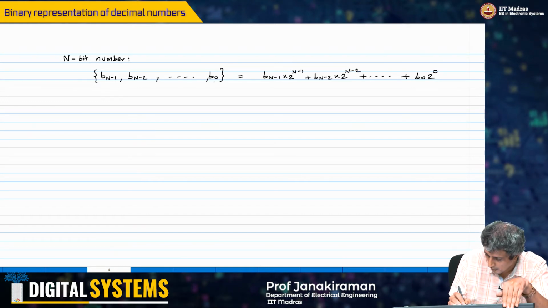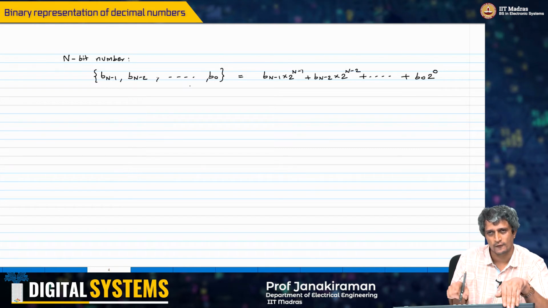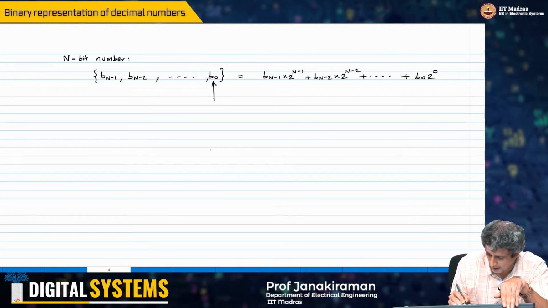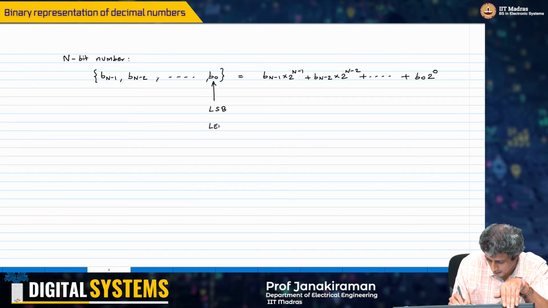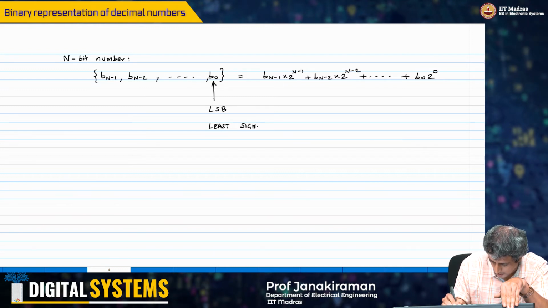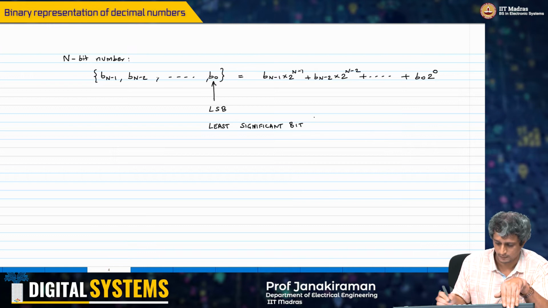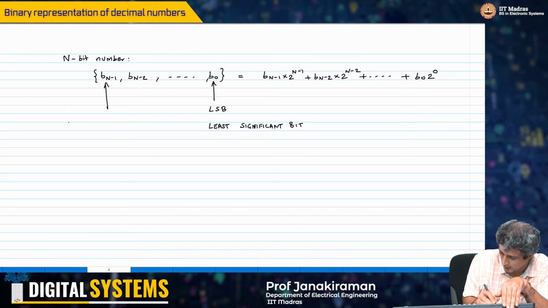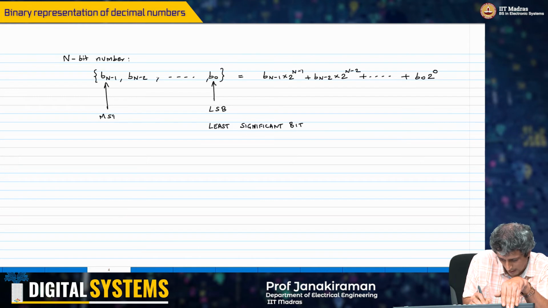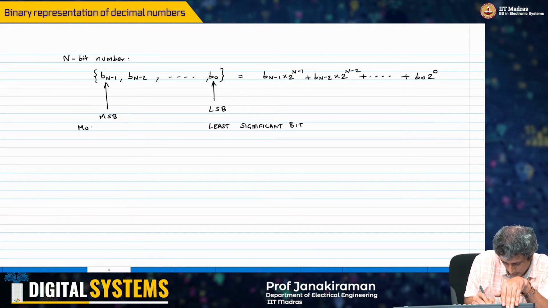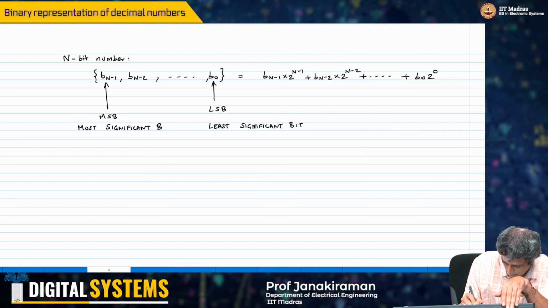The right end is called the LSB, least significant bit, and the left end is called the MSB, most significant bit.